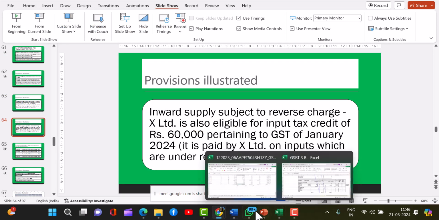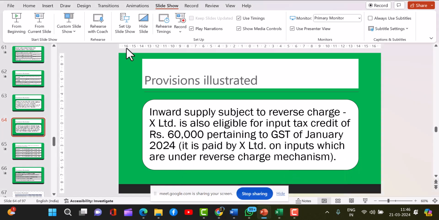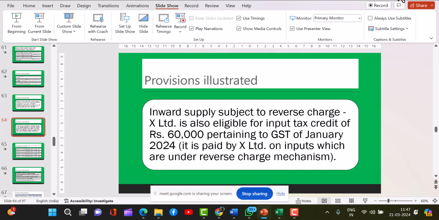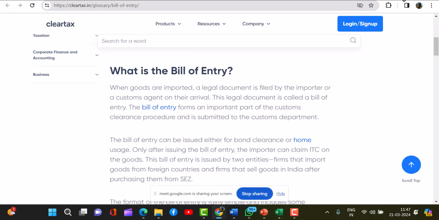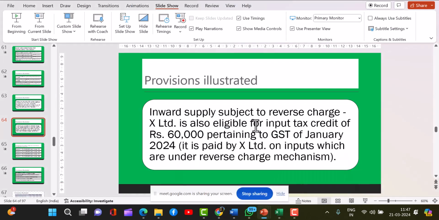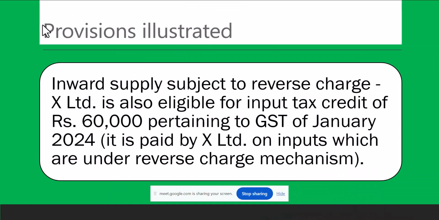Are you all there? Can you read? Sir, I have lost the internet connectivity. Everyone's internet connectivity is gone. Sir, my last slide is done. Now it's visible. Read this.